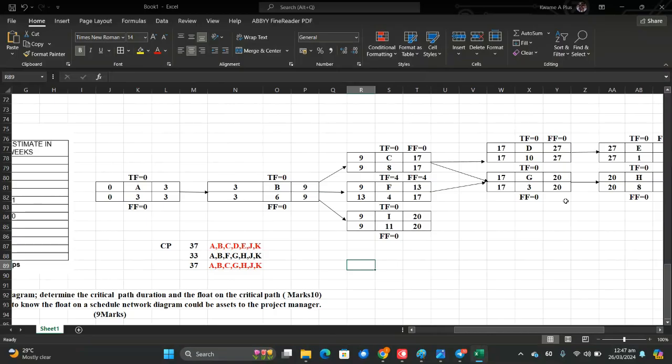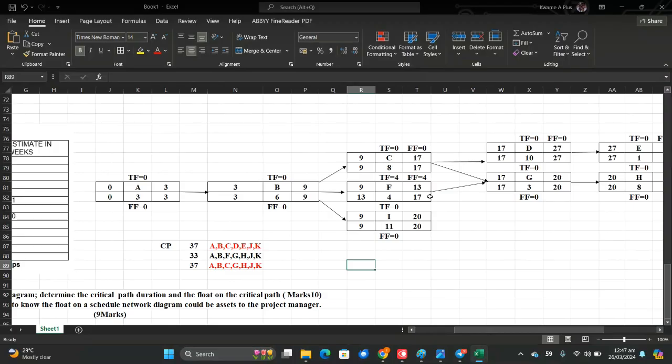But if you look at this particular float, this one that has a total float of 4, any delay of that activity within the project is not going to affect the project's successfulness.